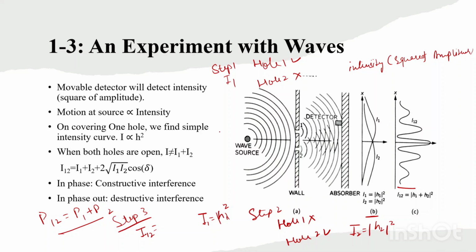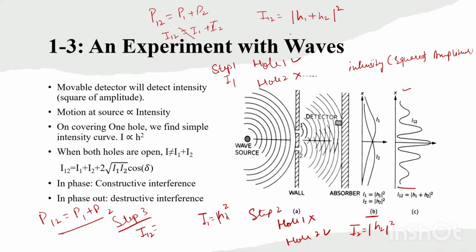Okay, so if we now try to mimic the previous result, where we have P12 equals P1 plus P2, in the same sense you would say mathematically it must be correct, but our experimental result says something else. Here I12 is not equal to I1 plus I2. It is in other sense the square of H1 plus H2, because amplitudes must be added first.